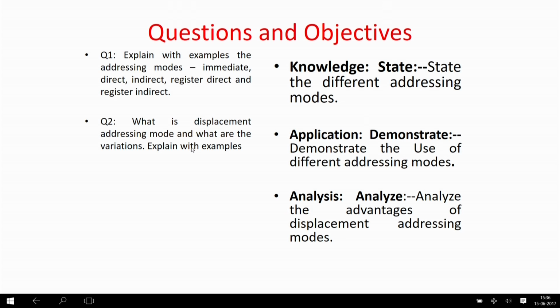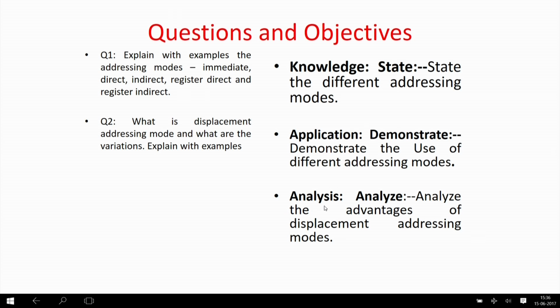And already we have seen, apart from the normal addressing modes, there is something called displacement. That is, from one part we can easily go to another part based on indexing, generating the effective address based on one part of the instruction by adding it with the explicit address and so forth. So, the second problem says: what are the displacement addressing modes, different types like index, base register, etc., explain with examples, and what are the advantages and disadvantages.